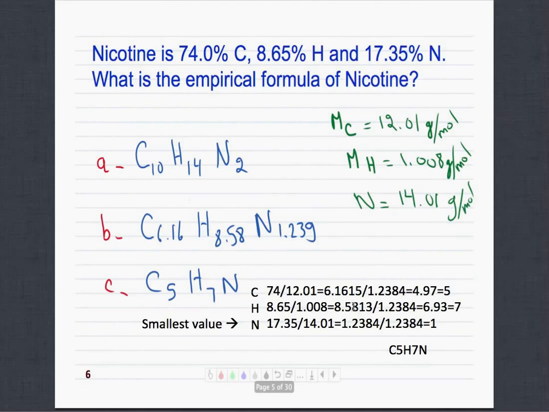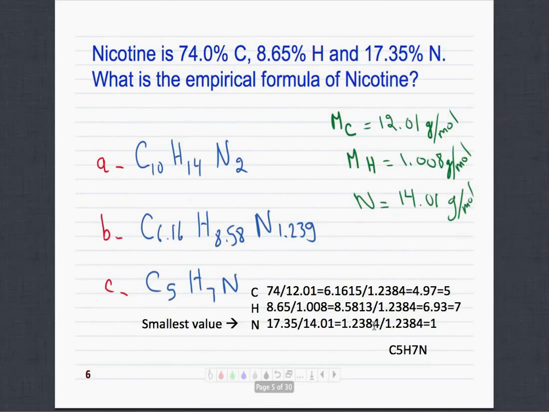Number of moles of nitrogen, grams over the 14.01 grams per mole, and that's going to be 1.238 moles.